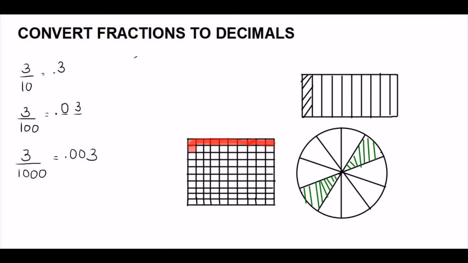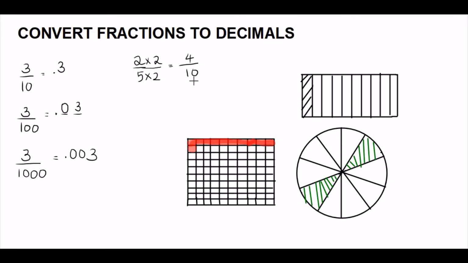Now let's take some more examples. So let's take the fraction 2 by 5. Here you can see the denominator is not a multiple of 10, that is 10, 100, 1000 like that. Here the denominator is 5. But you can convert this denominator to 10 by multiplying this 5 by 2. So when you multiply the denominator by some value, you have to multiply the numerator by the same value. So you will get this fraction as in the denominator 5 into 2, that is 10, and in the numerator 2 into 2, that is 4.